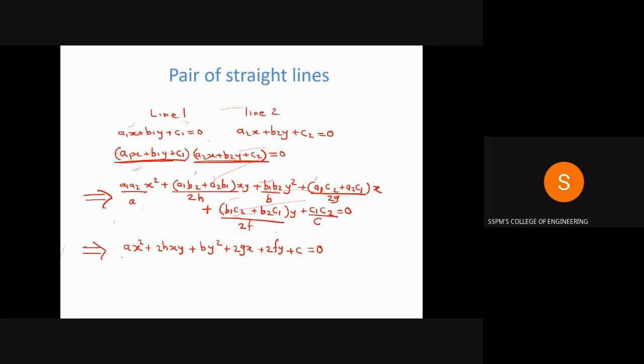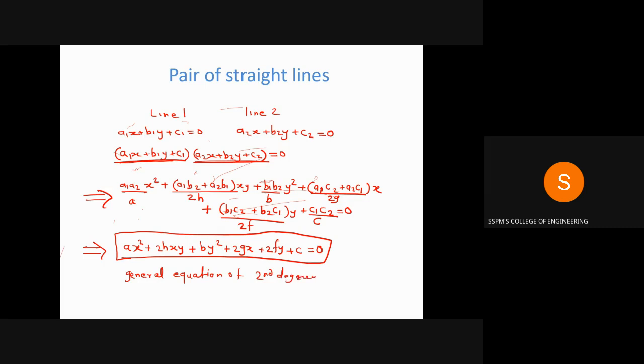So this is the simple form of the product of these two lines. This is called the general equation of second degree of pair of straight lines.